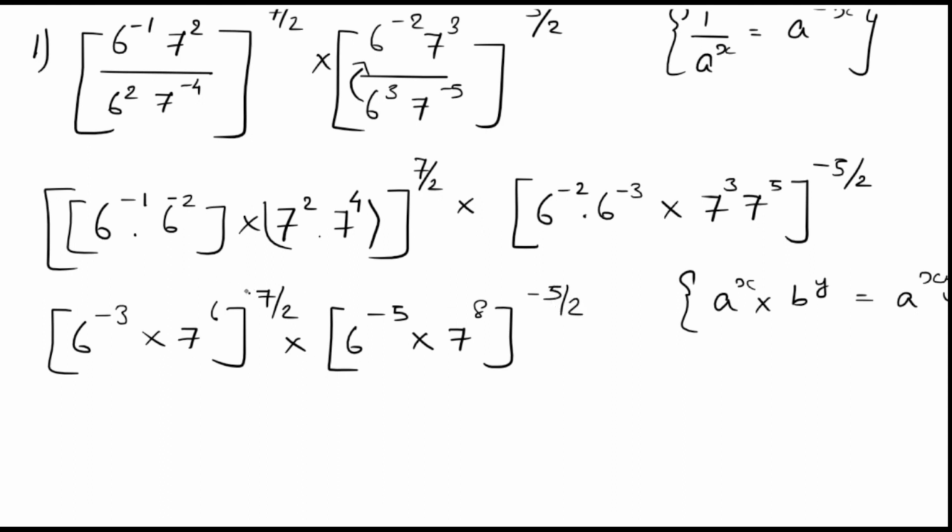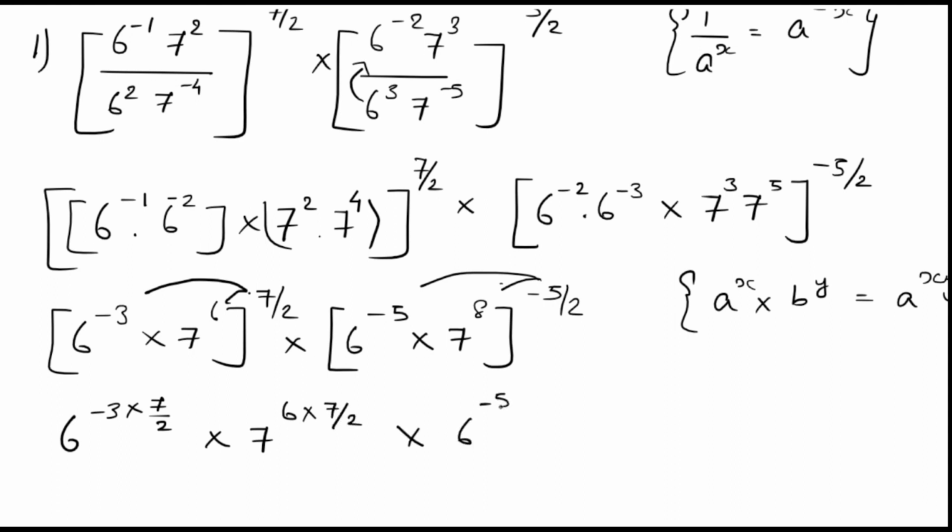This 7 divided by 2 I am multiplying with these powers. So you will get 6 to the power minus 3 into 7 divided by 2 into 7 to the power 6 into 7 divided by 2 into 6 to the power minus 5 into minus 5 divided by 2 into 7 to the power 8 into minus 5 divided by 2.